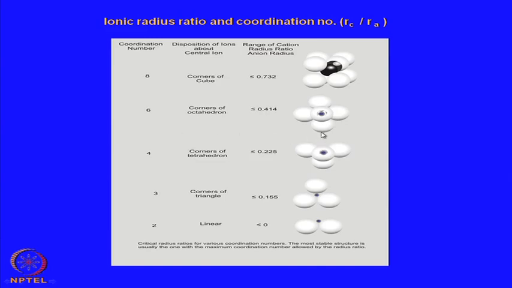Okay. So, there are other considerations for which fivefold is a kind of forbidden symmetry element, and therefore from 4 it will jump to 6, and the critical radius ratio is 0.414.